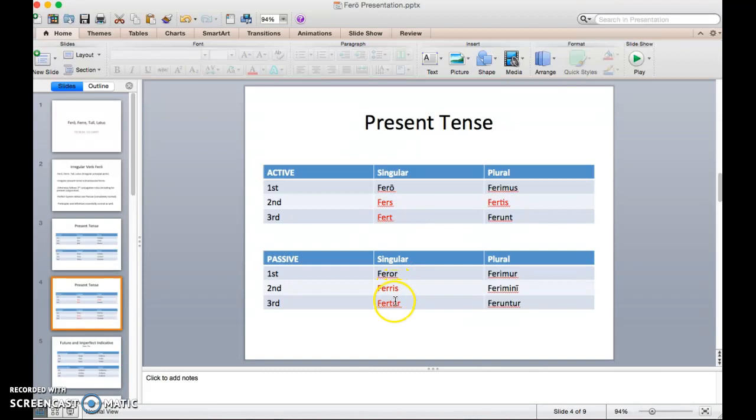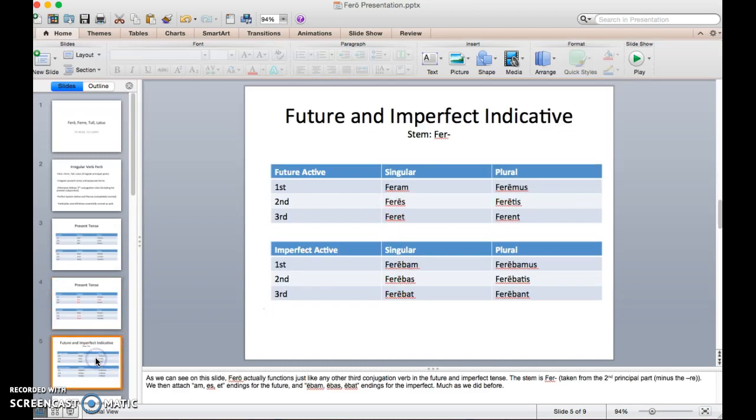And then we have ferris and fertur here, which have also dropped what you would normally expect to be a vowel there. Okay? And so as you've seen, I've now highlighted these forms, and you can see which ones stand out of the pattern. But again, we see some similarities with the third conjugation. Just a couple quirks.